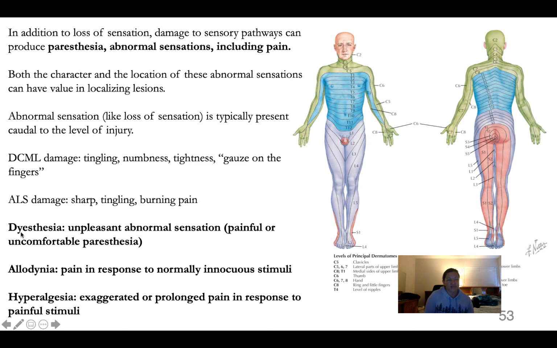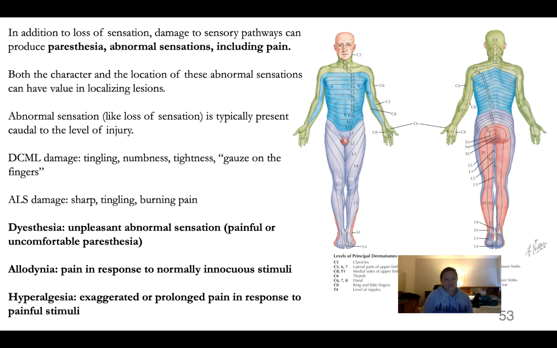A subtype of that is dysesthesia, which I can barely pronounce right now, an unpleasant abnormal sensation. So paresthesia, partial loss of sensation or abnormal sensation. Dysesthesia, unpleasant abnormal sensation. So not only is it abnormal, but it's unpleasant.